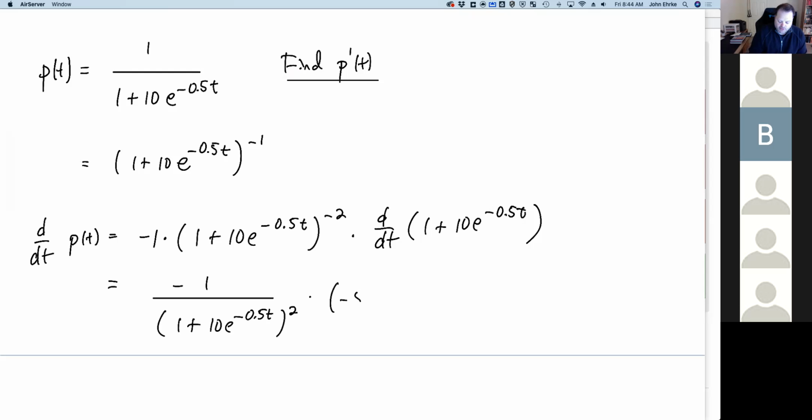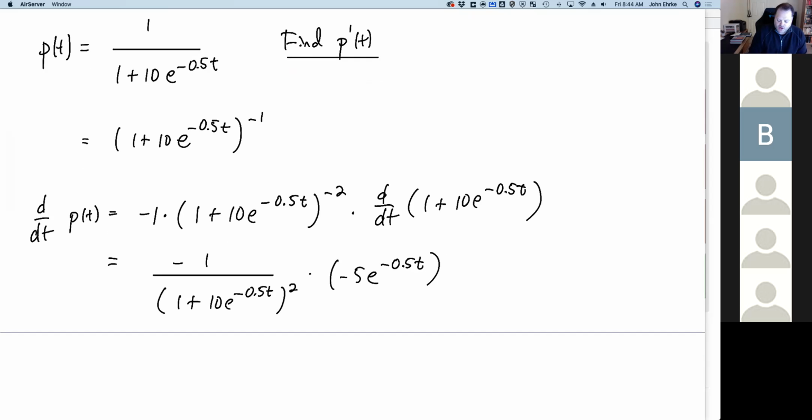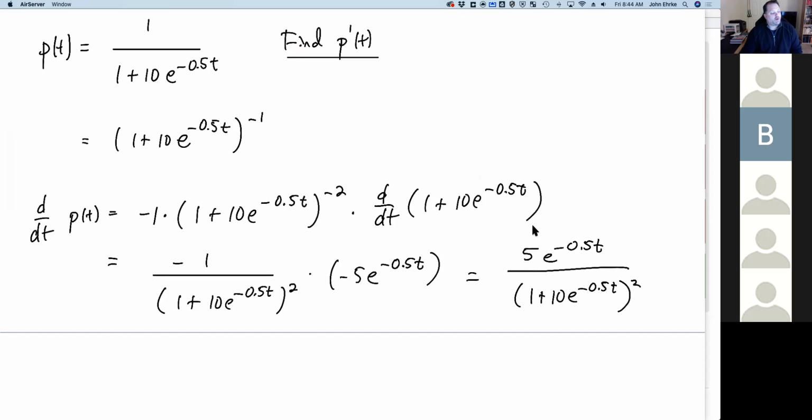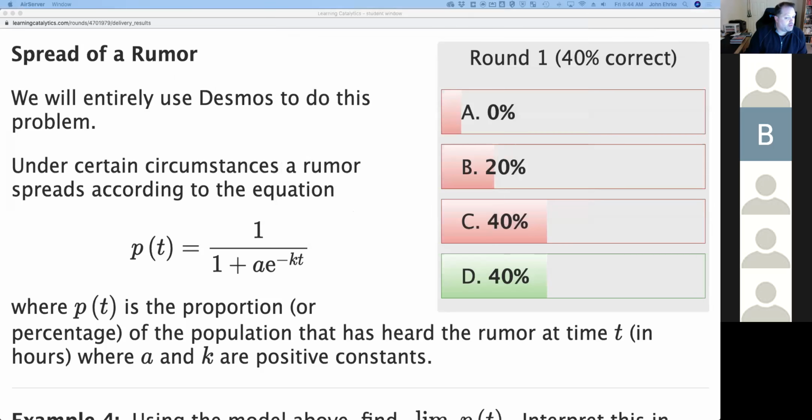So you would get negative 5 e to the minus 0.5t as the derivative there. And if you make everything look nice, this is the function that you will get. Now, before I plot this function in Desmos, which I'll do here in just a second, I want you to tell me, so let me bring Desmos back here.